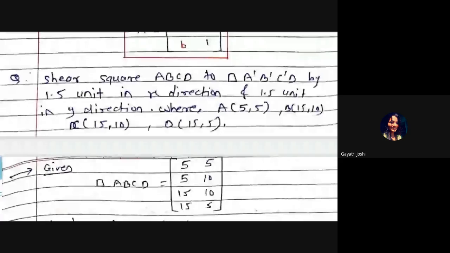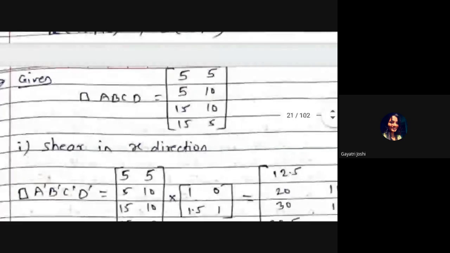Two statements are given here. This is the given square, with points A, B (1,5), C (1,5), D. So write down first of all the given matrix. Now the first is shear in x direction. What is the formula? [1 0; B 1]. What is the value of B? 1.5. In x direction, the bottom left is the value, and in y direction, the upper right is the A value.